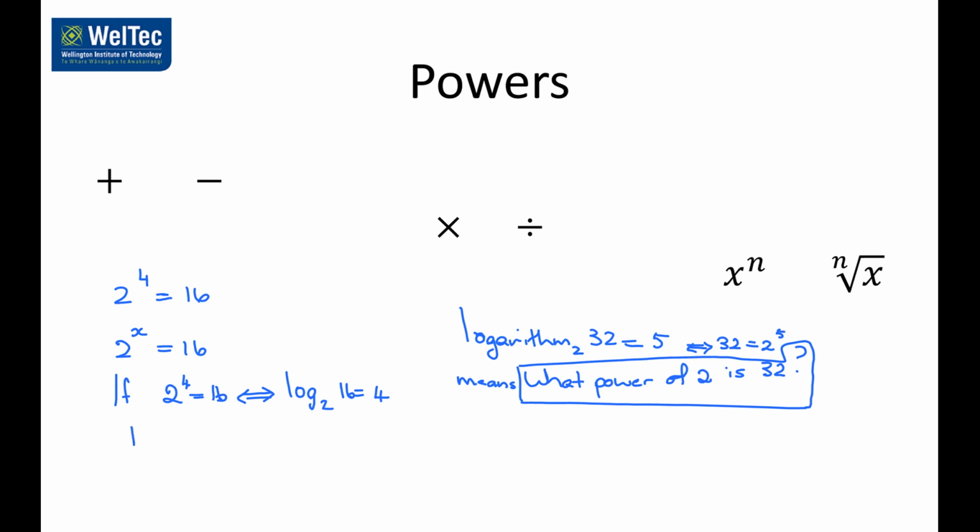Similarly, we could write the logarithm base 4 of 16 is equal to something. What that asks is what power of 4 is 16, and we know the answer is 2. And we could complete the statement saying it's true because 16 equals 4 to the power of 2. That's all logs are. They ask you a question. What power of that base is the number?